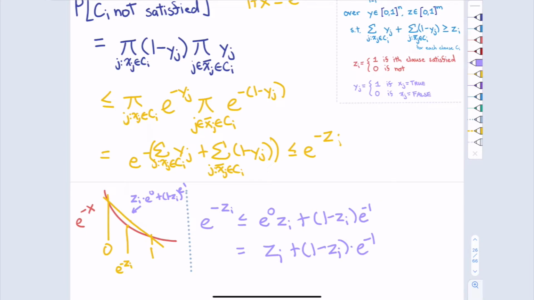Okay. All right, so what does that give us? This gives us e to the minus 1. Did I get this backwards again? Okay. Sorry.